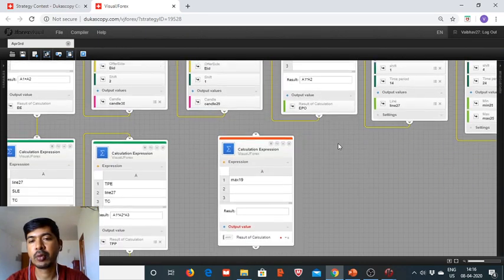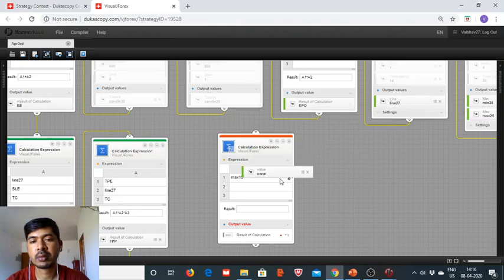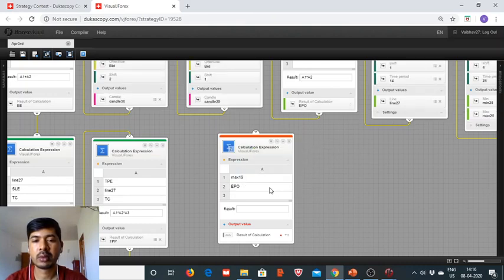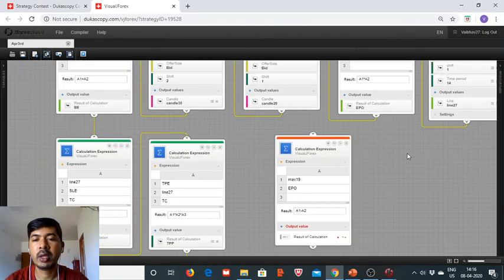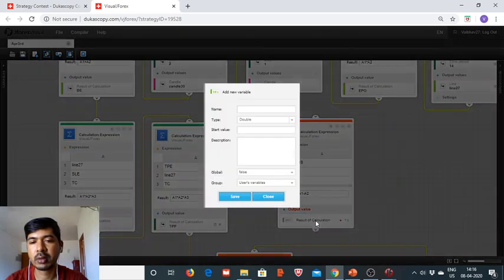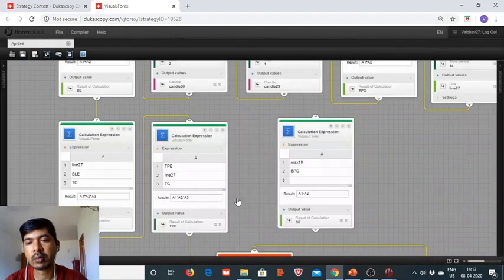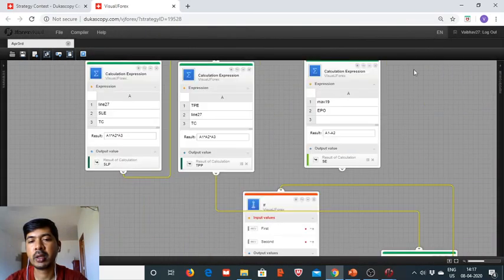So we will need to take this one, and we do A1 minus A2, and the result of the calculation will be the SE. So we add it here.